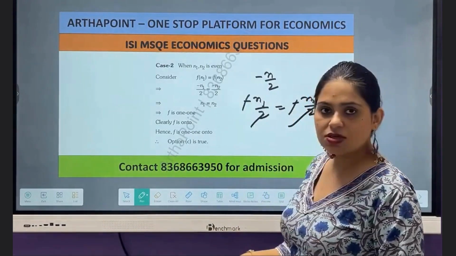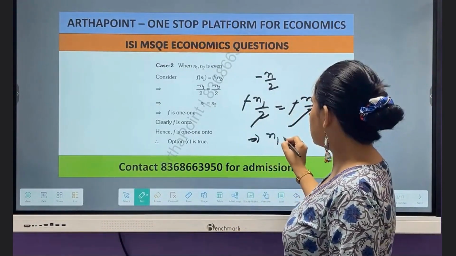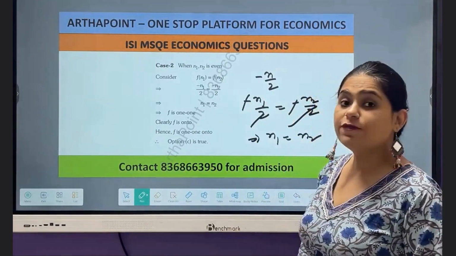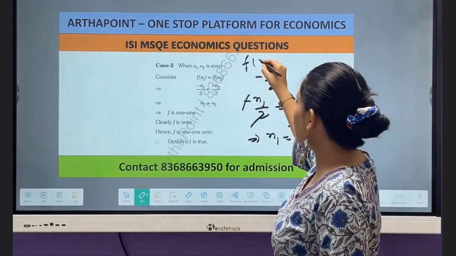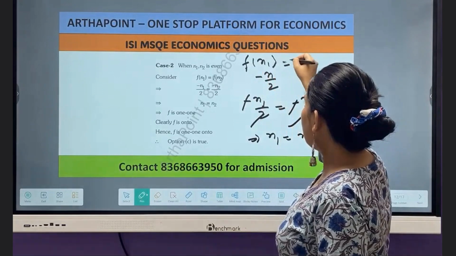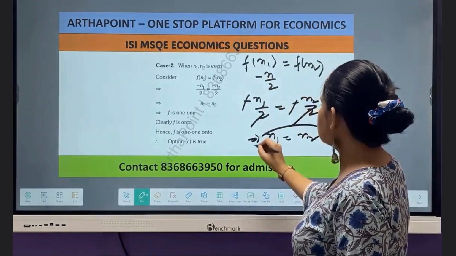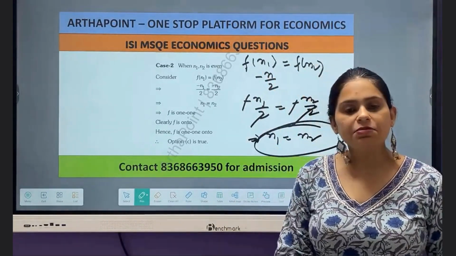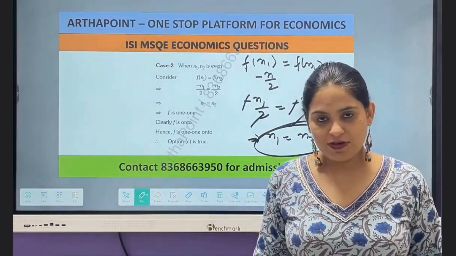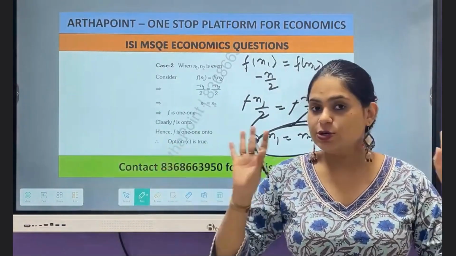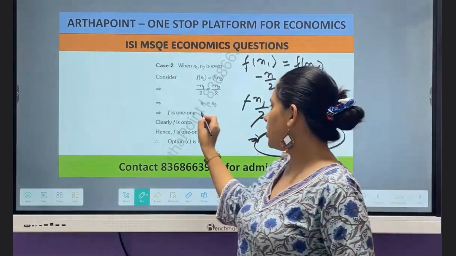Minus minus cancels out. It means n1 is equal to n2. So when my function values are equal, I am getting that these numbers are also equal. That means it is a one-to-one function, whether it is even or odd. So we have proved that it is a one-to-one function.